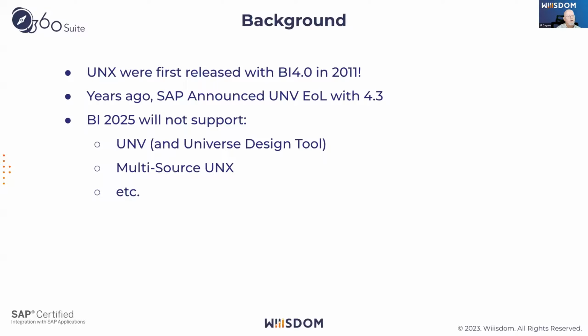In Business Intelligence 2025, UNVs will no longer be supported. We should note as well that multi-source UNXs will also be dropped from BI 2025, so we'll have to prepare for that as well.